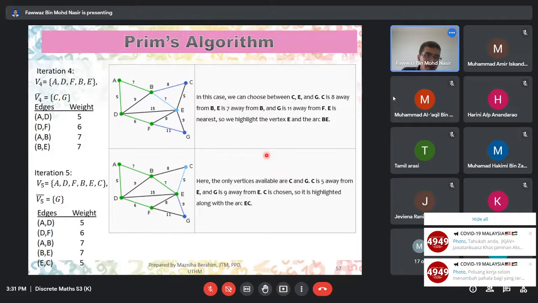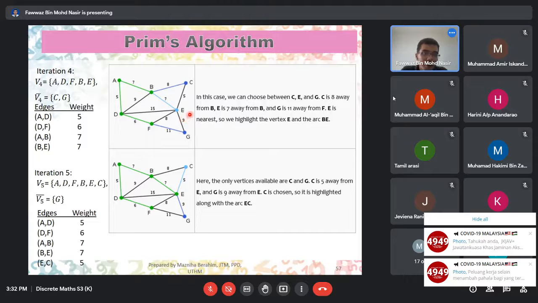Okay, then kita compare pula edges yang incident to vertex B or F. So kita boleh identify BC and BE as edges that are incident to B. Kemudian edges FD, FE as incident to F. Kita tak select FE because dia ada possibility untuk dia jadi circuit, so kita skip that edge.